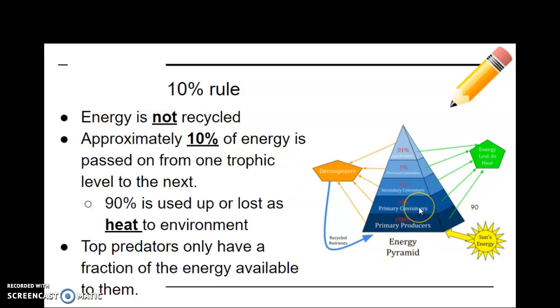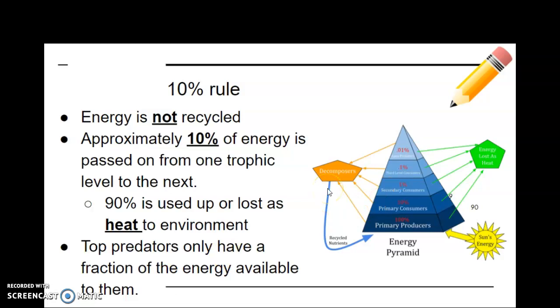So those primary consumers get only 10% of the energy that was in the producers originally. But then those primary consumers are going to use up most of that energy just to keep them alive and to help them reproduce. And so 90% of the remaining 10% escapes. And so 90% of 10% is 9% escapes and gets lost as heat to the environment, leaving only 1% remaining to the secondary consumers.